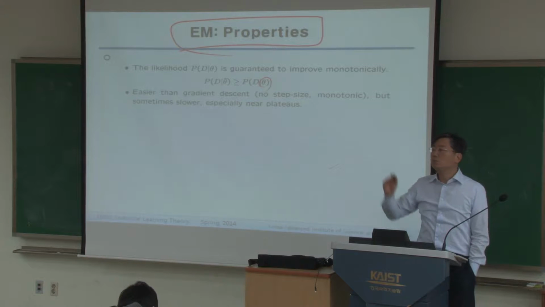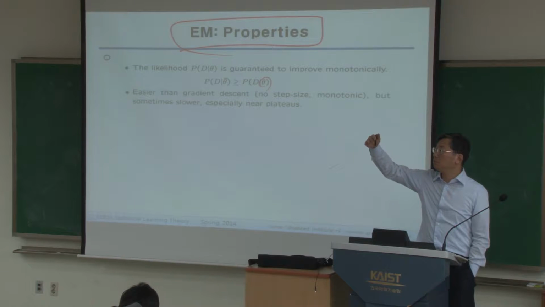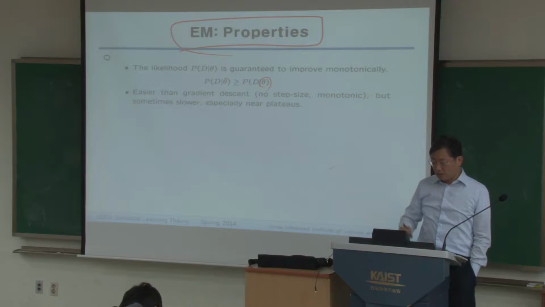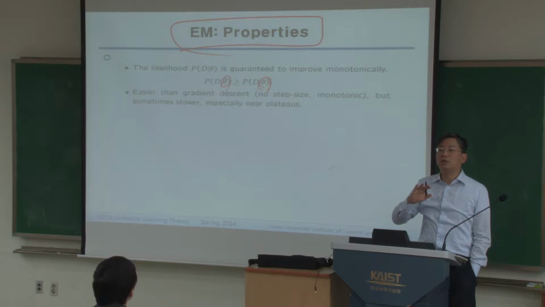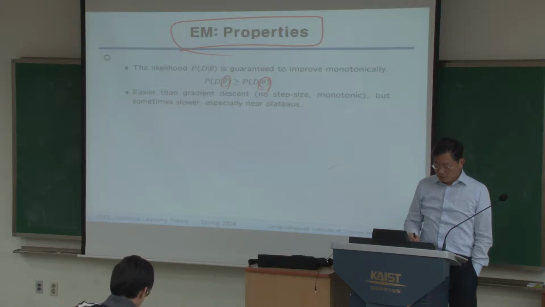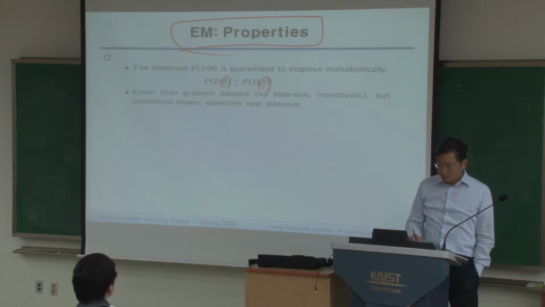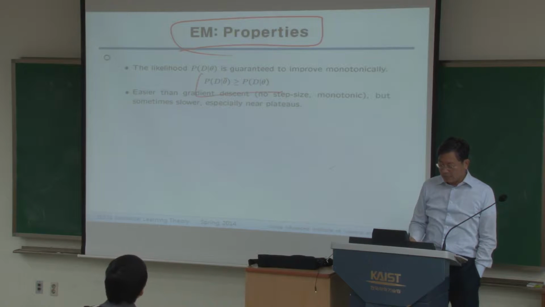Theta was some estimate at some ith step. Theta prime was my updated one. Well, what happens with EM? This happens at each step.